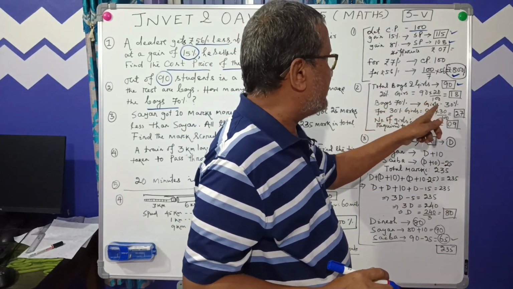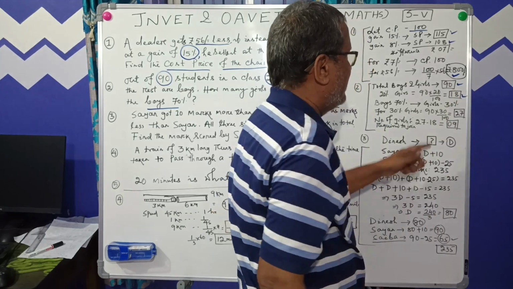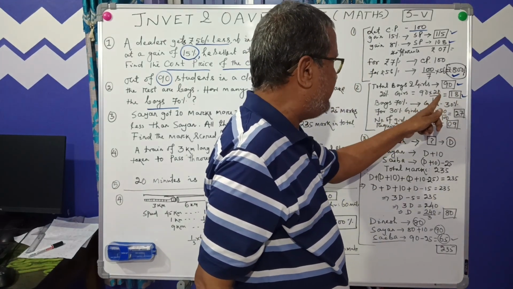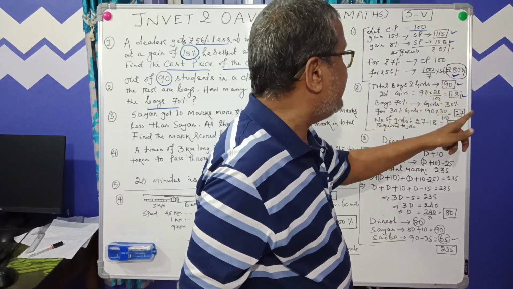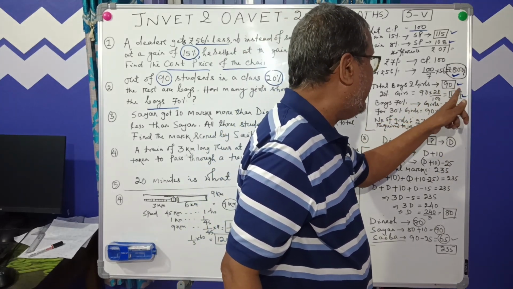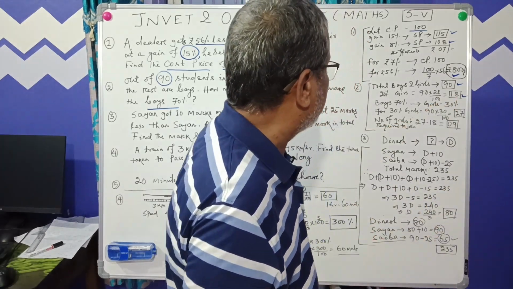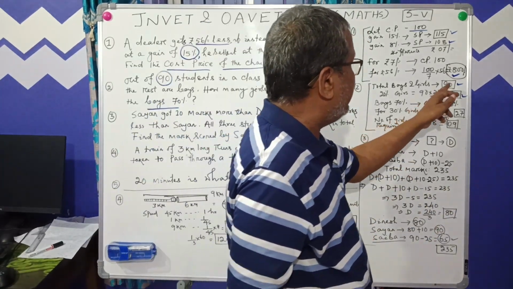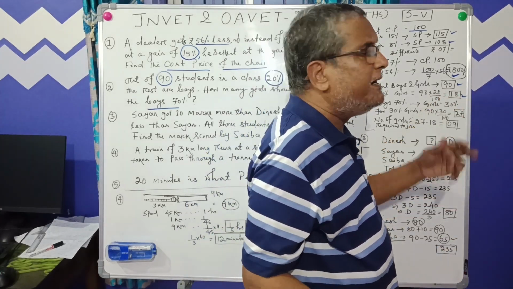So 90 into 20 by 100, that will be 18. So there are 18 girls in the class out of 90. But here the boys number will be 72.